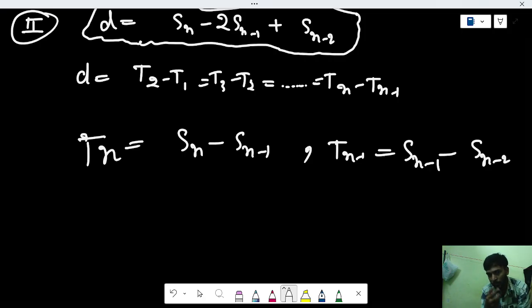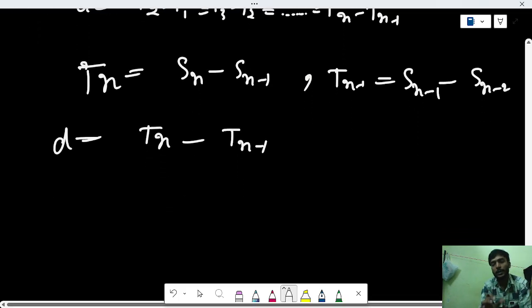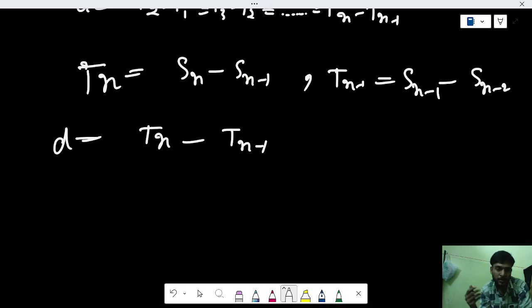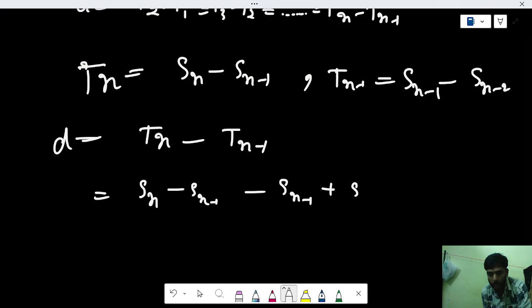Now we know that d = tn − tn−1, and now we can put the values of tn and tn−1. Sn − Sn−1 minus (Sn−1 − Sn−2), minus into minus is equal to plus, plus Sn−2.